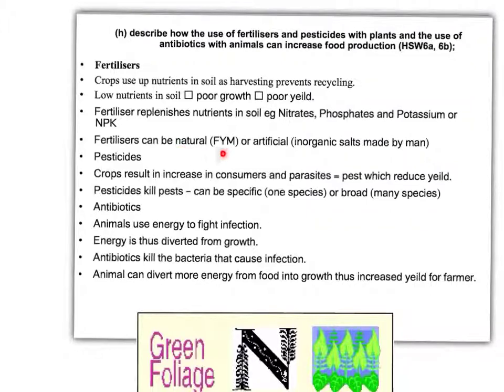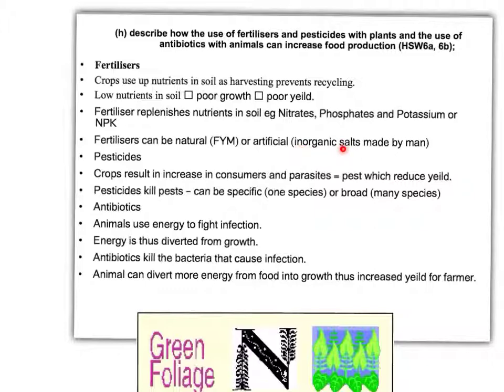It can be natural farmyard manure, or sewage can be used, which contain all of these components, or they can be artificial, inorganic salts, which are made by man. So things like ammonium phosphates and ammonium nitrates, potassium nitrates, etc., are inorganic salts, which are all made on the basis of the Haber process to make fertilizers, which can be used.